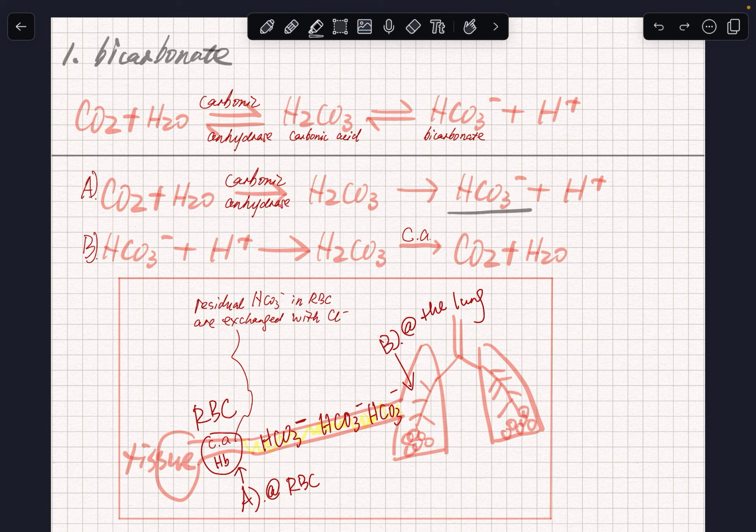When the blood travels to your lung, reaction B happens. The bicarbonate, with the protons, forms carbonic acid. And then eventually, with the help of carbonic anhydrase in your lung, in your blood cell, they form CO2. And then CO2 can be exhaled.